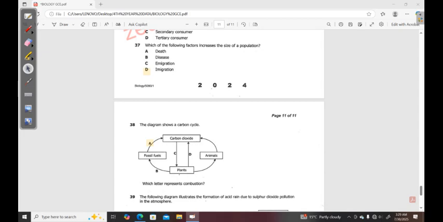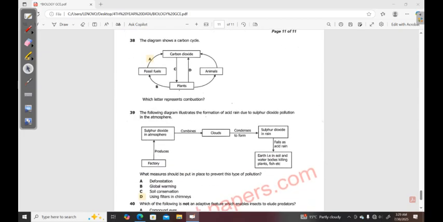38. The diagram shows a carbon cycle. So you have your fossils releasing carbon dioxide. You also have your animals. So you have your plants forming fossils. Fossils, carbon dioxide. And for plants eaten by animals, carbon dioxide.